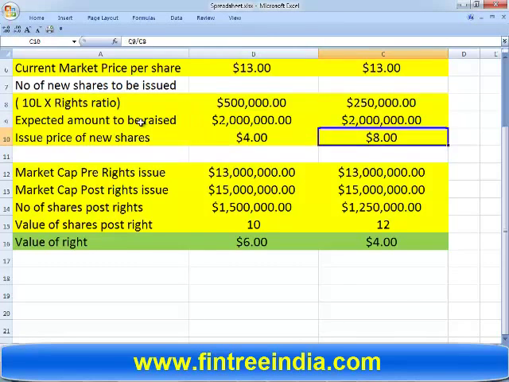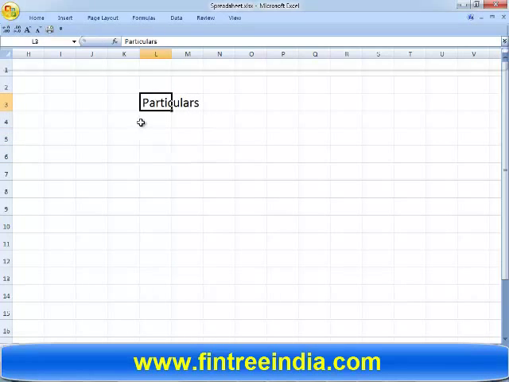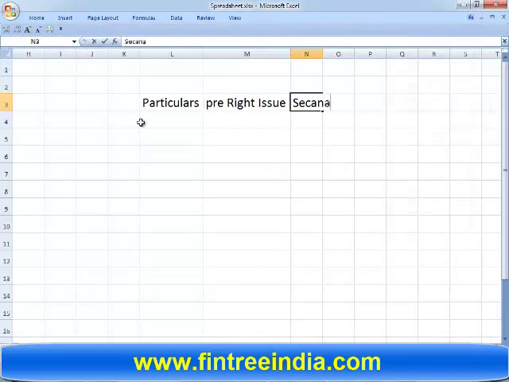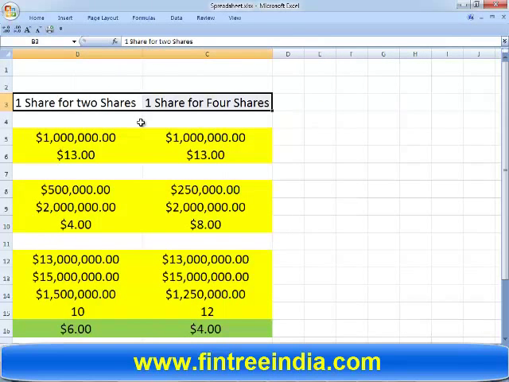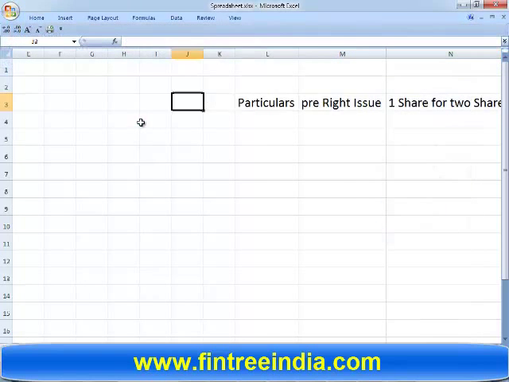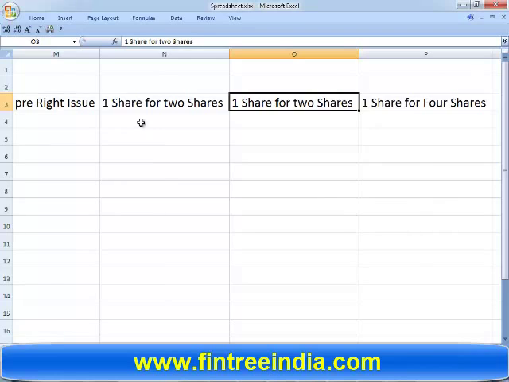Now you can again make this table with me. Particulars, pre-right issue, then 1 share for 2 shares and 1 share for 4 shares.